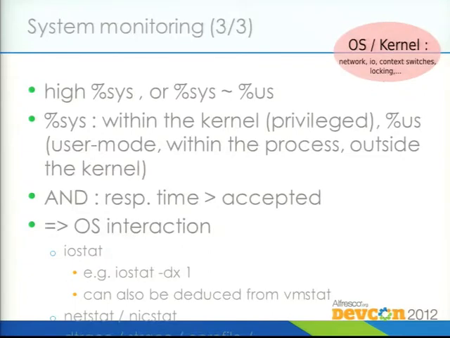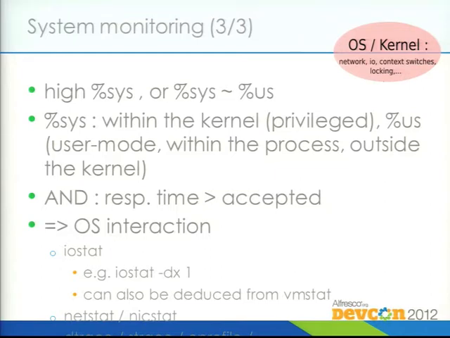In that case, if you have a high percentage of system usage, or a system usage that's about the same as the user usage, and you obviously have response times that are above accepted response times, otherwise you have nothing to do, then you want to look at OS interaction. Is it I/O? Then you would maybe use iostat, for example, to find out what's going on.